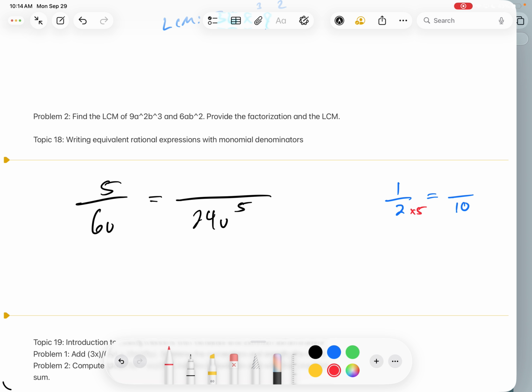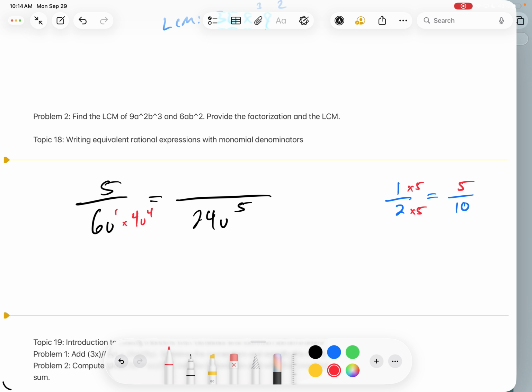So if I multiply the bottom, I have to multiply the top too by 5. So it's the same thing you're going to do here. We're going to find the least common denominator, so we'll know this number, but how do I make this number be this number? Well, I would take it times 4, and then it needs 4 more u's, right?